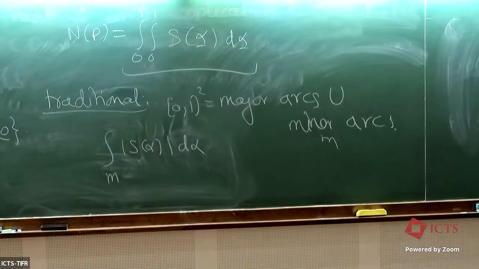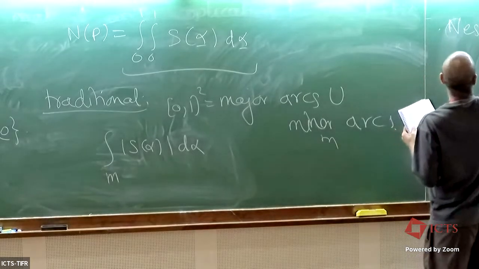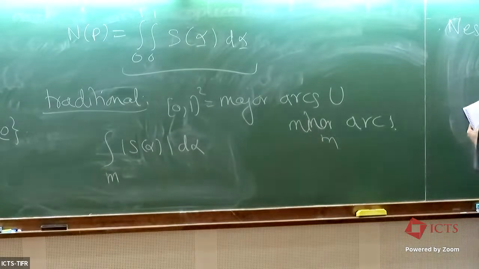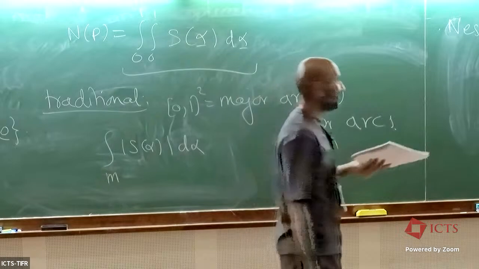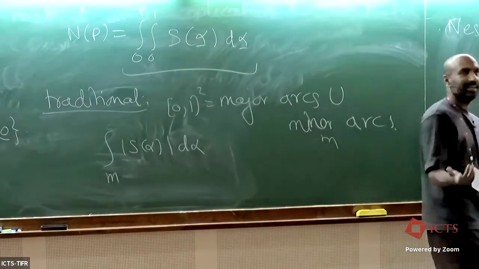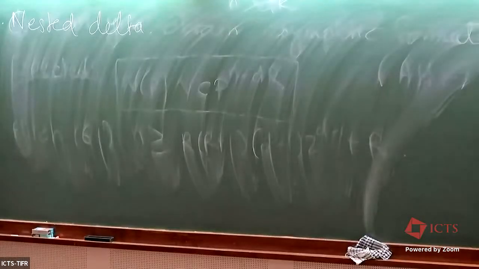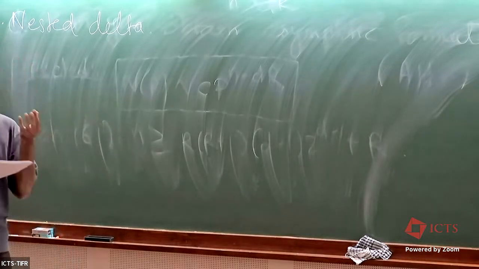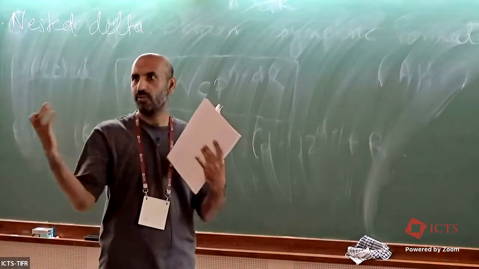What can one do? There are various techniques that I'm not going to go into. The first attempt is due to Ritabrata, the one that I'm mentioning, the nested delta method. You're detecting both forms to be equal to 0 using separate one-dimensional delta symbols. But this method is wasteful if you do it naively. So you do a clever trick where you first detect f1 of x equal to 0 using one delta symbol.